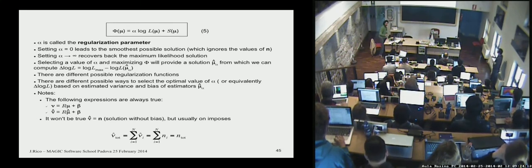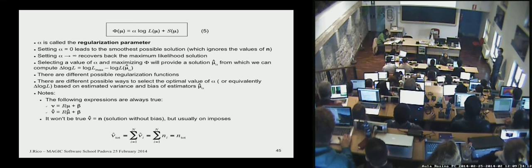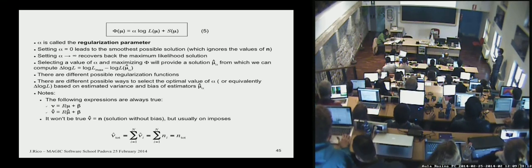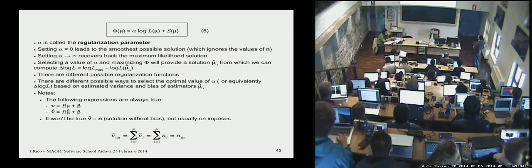Now, let me remind you that these expressions that relate nu with mu are always true, okay? For the true values and for the estimated values. What is not true when you use regularization is that the estimators for mu are n, because this would get us back to the maximum likelihood solution.